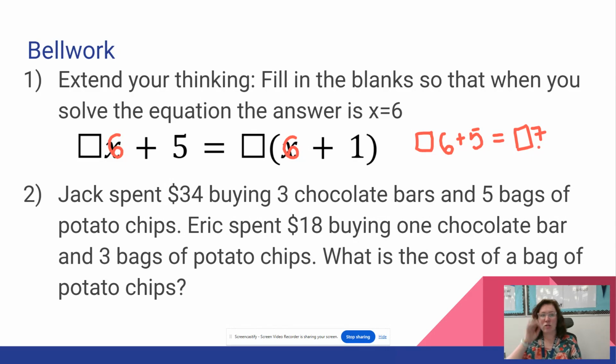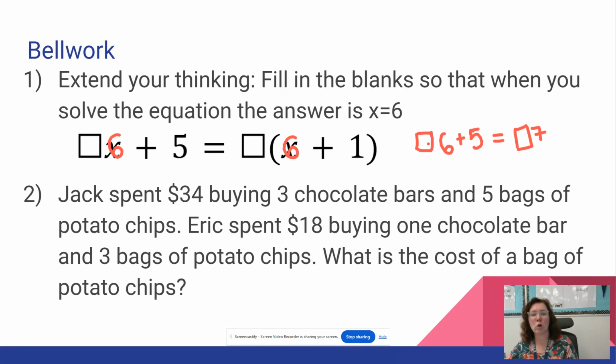Okay? So let's see if I can fill anything out. Let's see if I multiply something times 6 and add 5 to it, I can get a multiple of 7. So 1 times 6 plus 5 is 11. 2 times 6 is 12 plus 5 is 17. 3 times 6 is 18 plus 5 is 23.